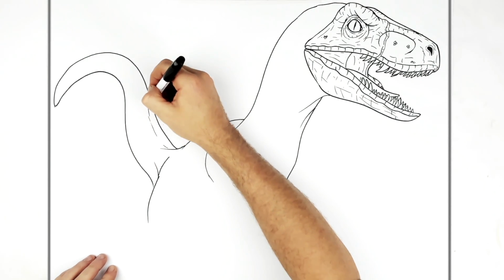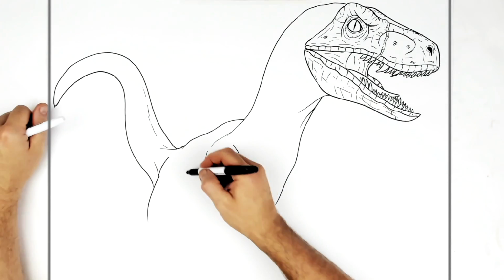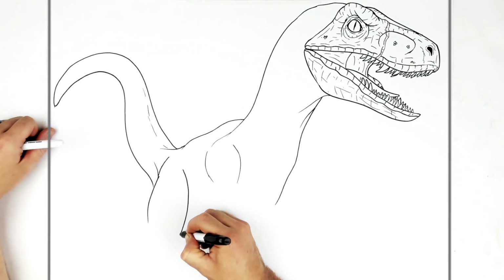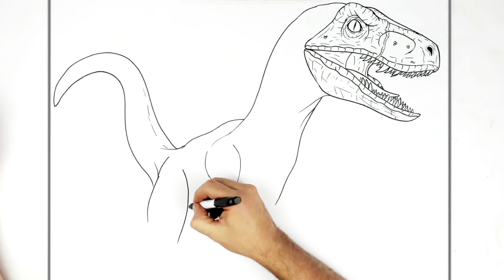Right, there's like a spiny part there. So then our hind leg is like here. And then it has, yeah, it joins like the belly somewhere here.